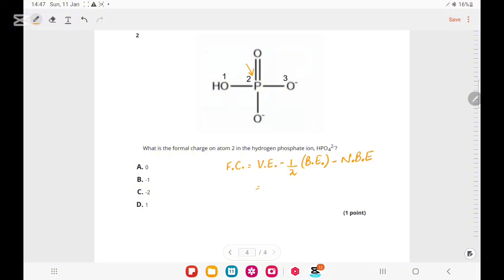Phosphorus belongs to group 5, so it has 5 electrons in its outermost shell. 1 by 2, how many bonding electrons are there? Bonding electrons are 1, 2, 3, 4, 5, 6, 7, 8, 9 and 10. So there are 10, minus non-bonding electrons, which are 0. So 5 minus 5 minus 0, that also becomes 0. So our answer is A.